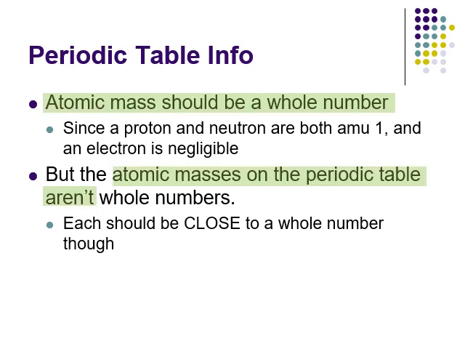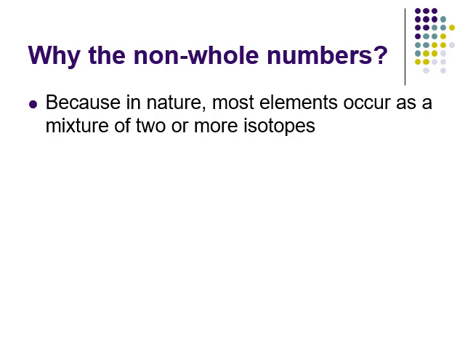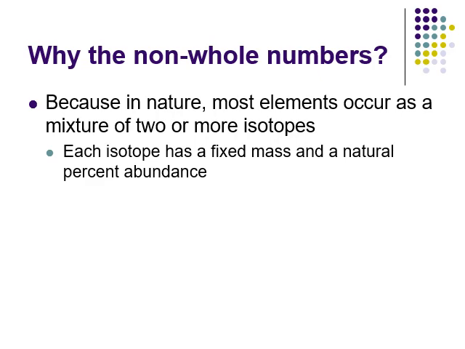What's happening is that most elements occur as two or more isotopes. And the number that's on the periodic table has to be for the element as a whole, not just one particular isotope. So the atomic mass on the periodic table takes into consideration the masses and the percent abundances of the different isotopes.